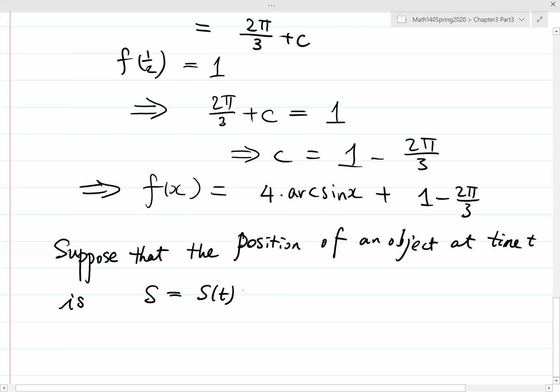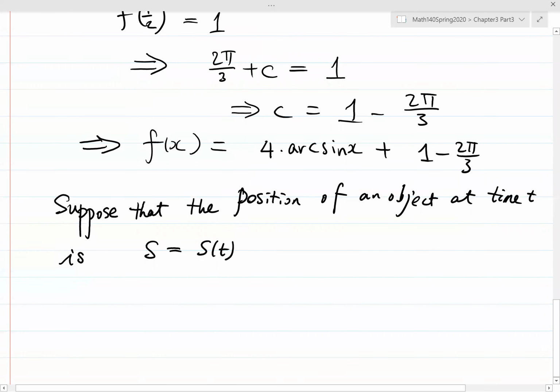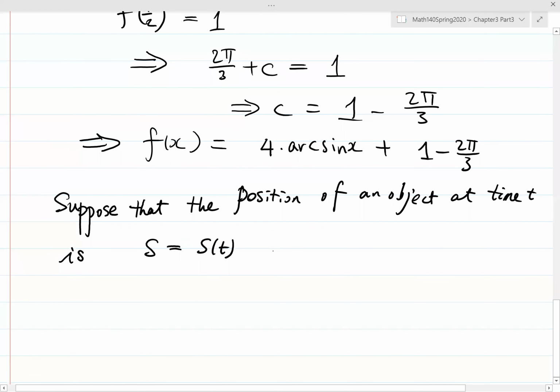To make this easier, we suppose that the object is a particle moving on a straight line.